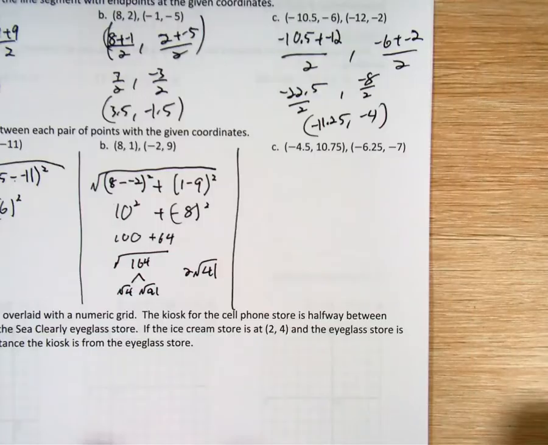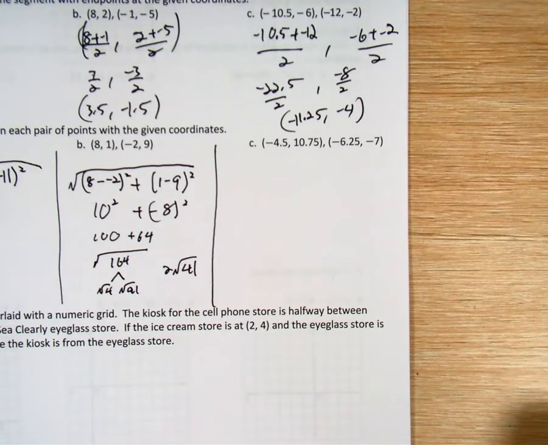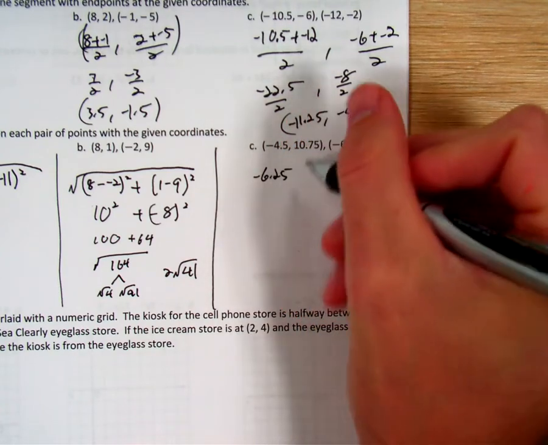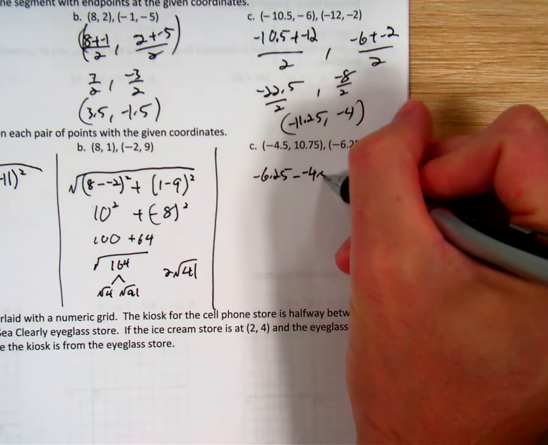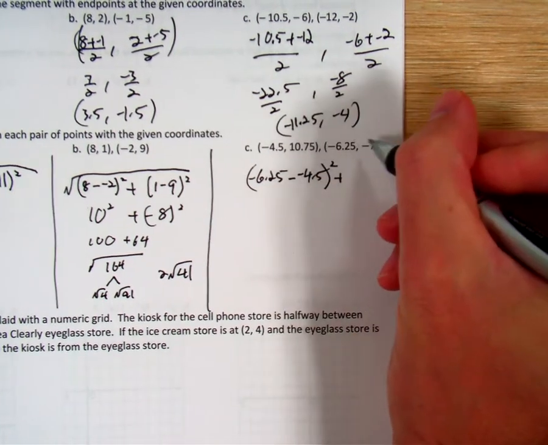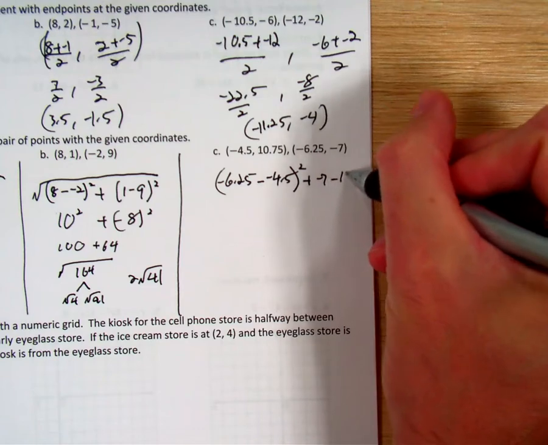Alright, another one here with decimals. Negative 6.25 minus negative 4.5. Negative 7 minus 10.75.